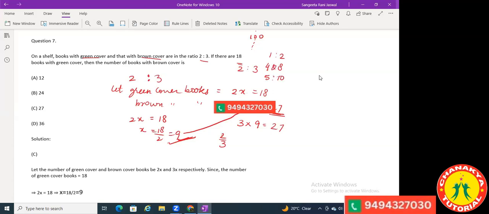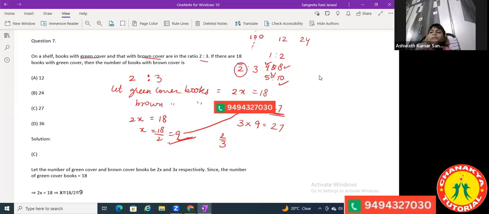If I have 5 toffees and 10 chocolates, it can be 4 toffees and 8 chocolates. It can be 12 toffees and 24 chocolates. But everywhere the ratio is 1:2. Are you getting? So ratio is a multiple of some number.